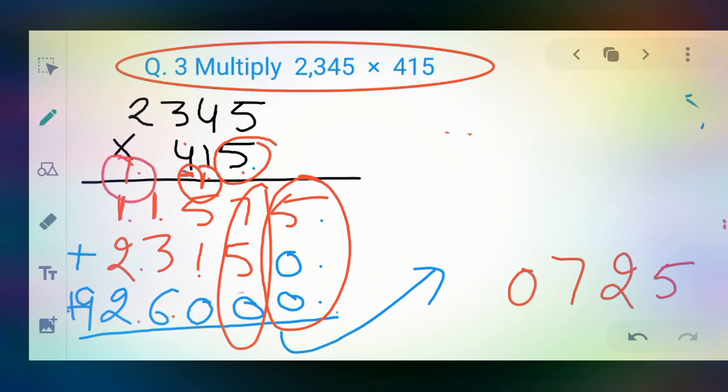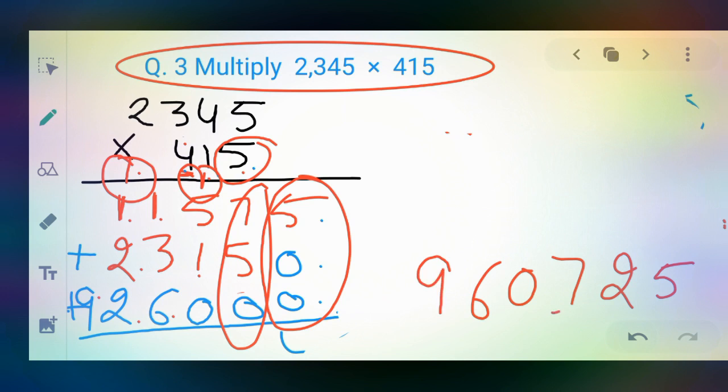So 1 plus 1 is 2, 2 and 2 is 4, 4 and 2 is 6, so I write this 6 here. Okay, now last is 9, so there is no carry, so dear student, you write 9 here.